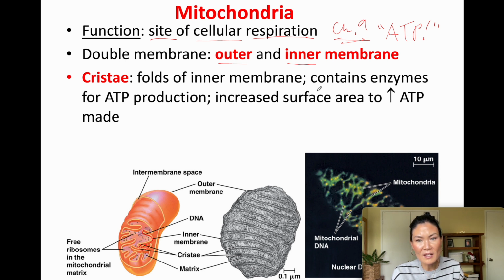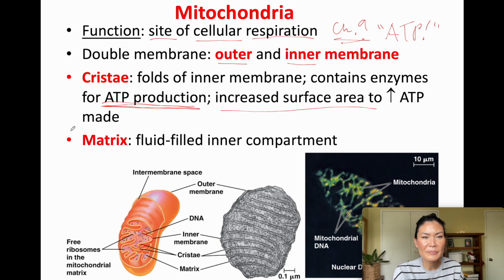And the cristae contain enzymes that are responsible for ATP production. So the more folds you have, the more ATP is going to be made, because it increases surface area to increase ATP synthesis. And within the inner membrane, that fluid, we don't call it cytosol, we call it the matrix.